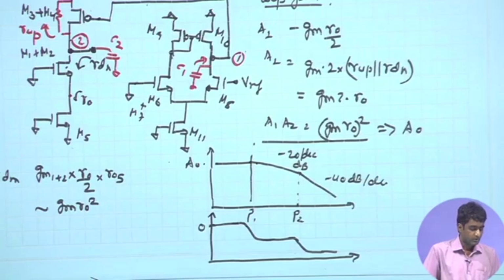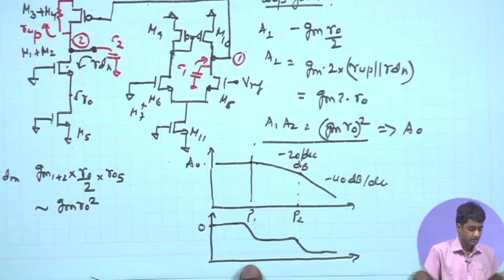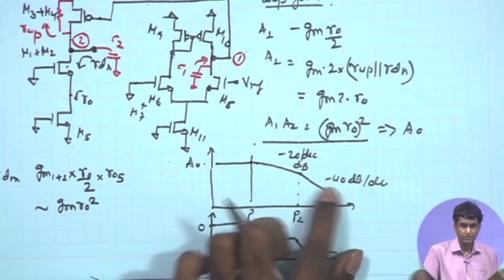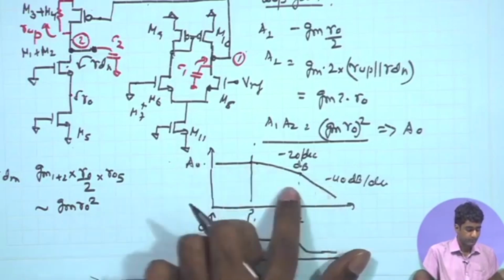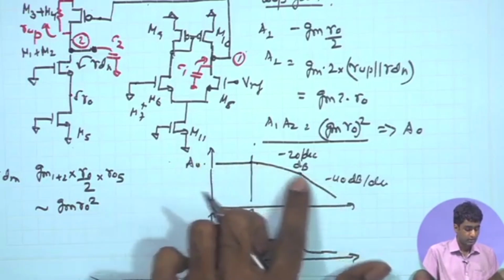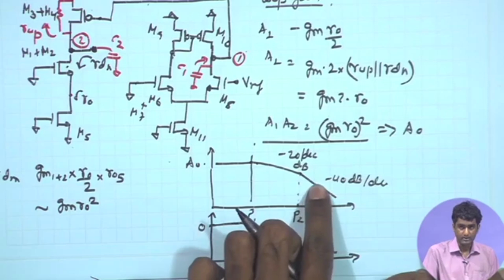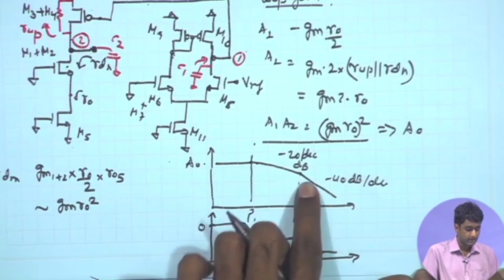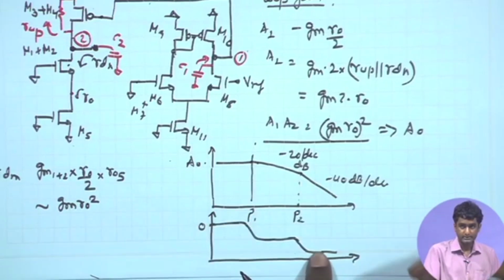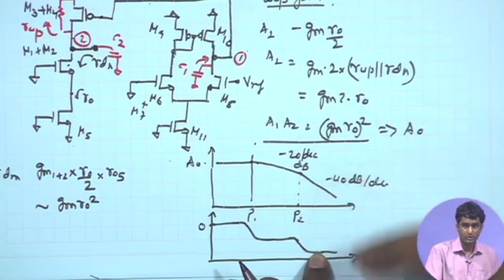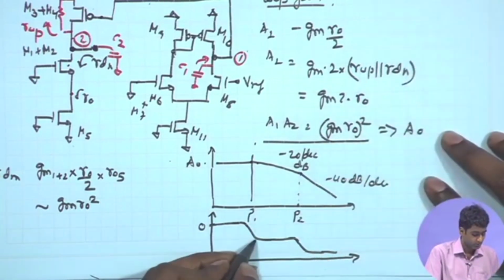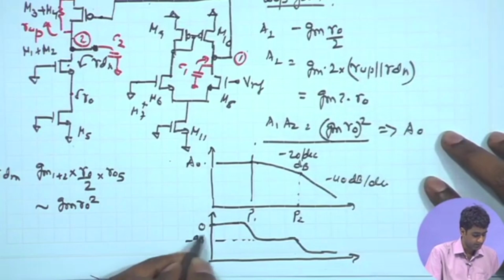So, we need to make sure that at the 0 dB crossing point, at the frequency at which the gain drops to 0 dB, that is the unity gain frequency, the phase is sufficiently lower than 180 degree. Lower means from a magnitude point of view, it is lower than 180 degree, or more positive than minus 180 degree. So, if we draw the marks, here you have minus 90 degree and far away from P2 you are approaching minus 180 degree.